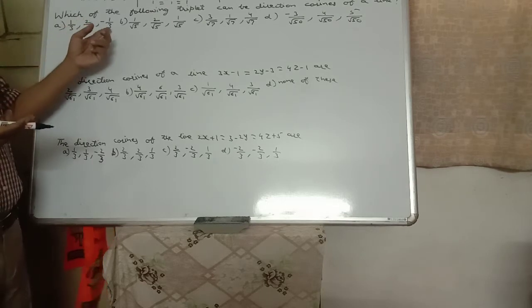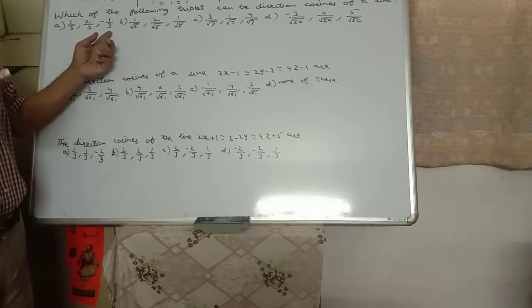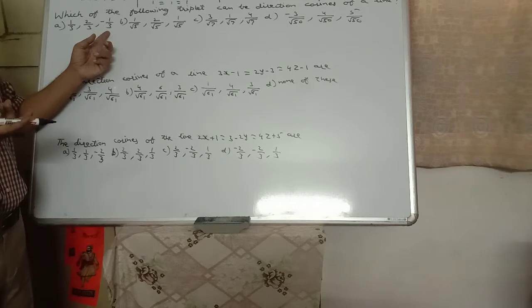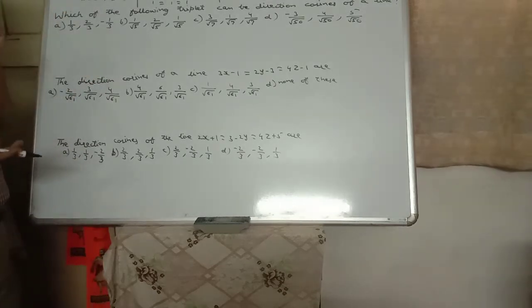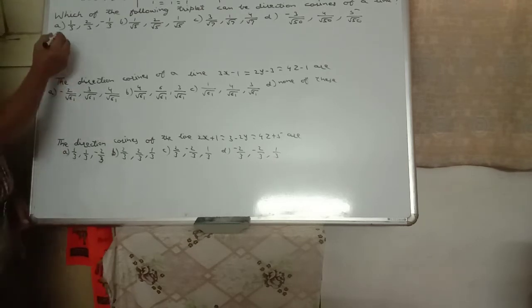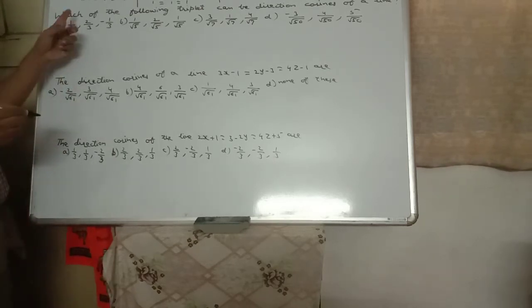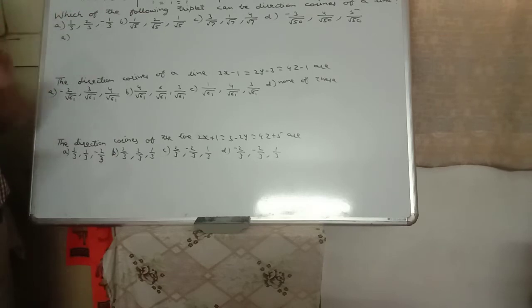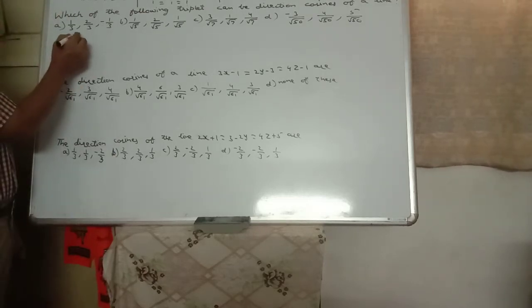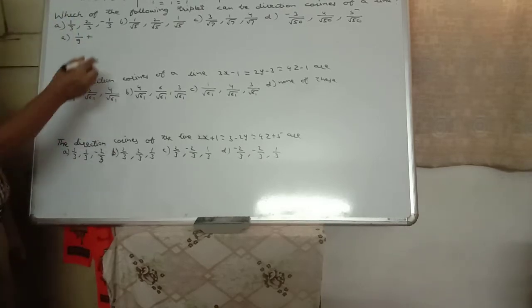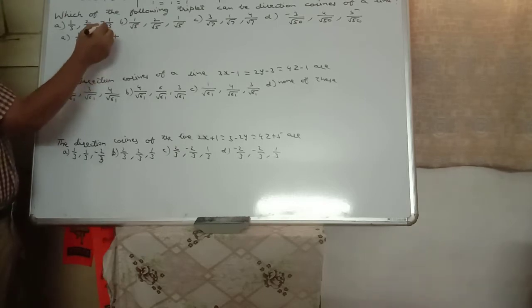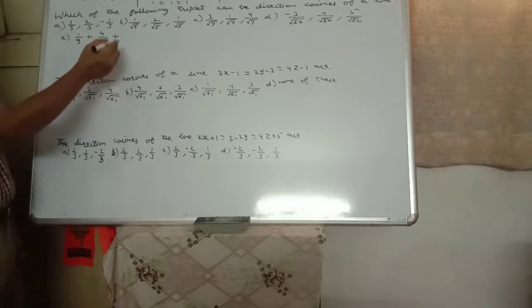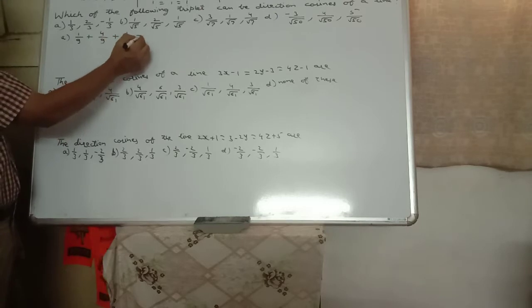If the sum of squares of 3 numbers is equal to 1, then they can be direction cosines of a line. Consider option A. Square each number and find their sum. 1 by 3 square, 1 by 2 by 3 square, 2 square is 4, 3 square is 9. The square of a negative quantity is positive, 1 square is 1, 3 square is 9.